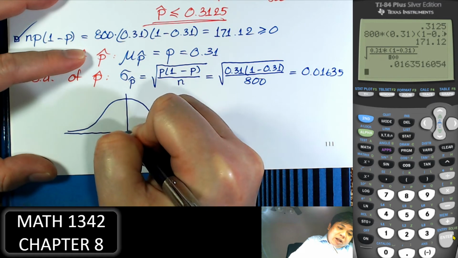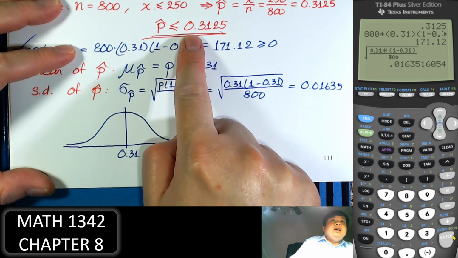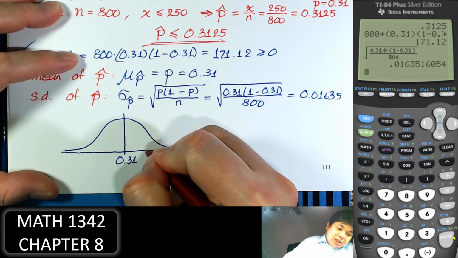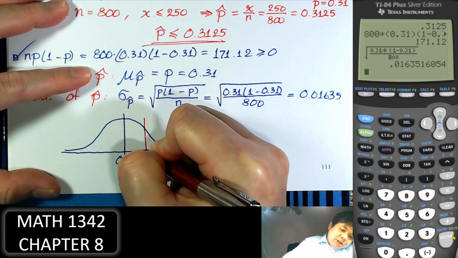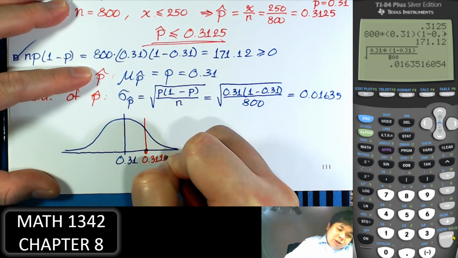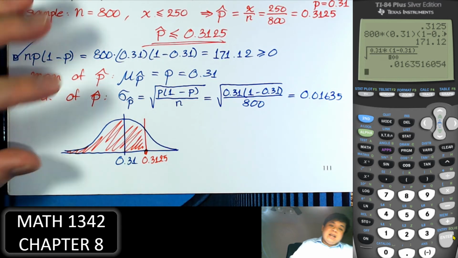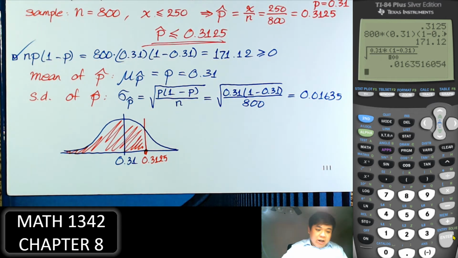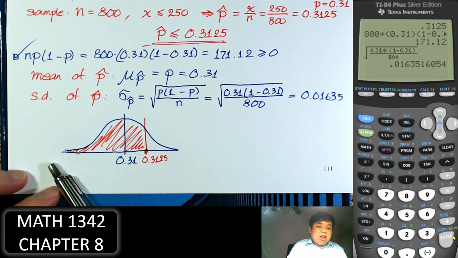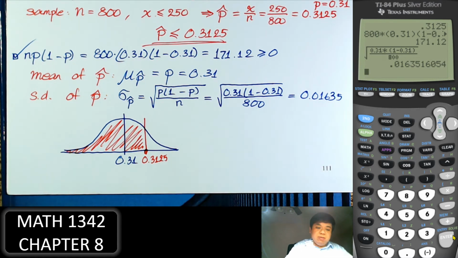And we know the mean is 0.31. And this one we want the proportion less than 0.3125. And we find this area less than that, on the left. So just normal CDF from a very small number to that, where we have the mean and standard deviation.